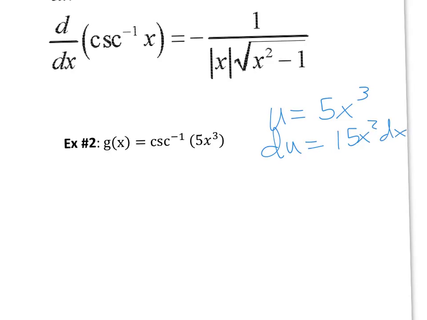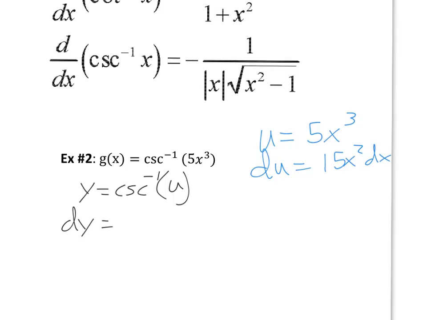And then when I go to plug everything back in, I'm just going to change the g of x to y equals the arc cosecant of u. That way I could call this dy equals, let's go ahead and do the derivative.